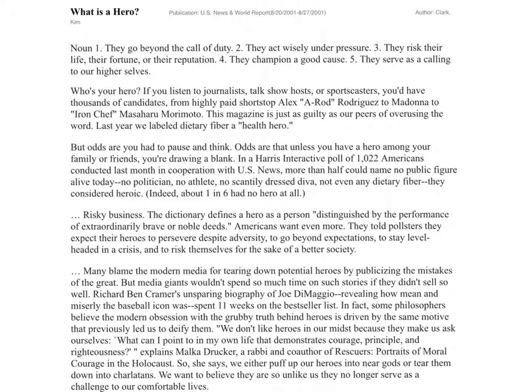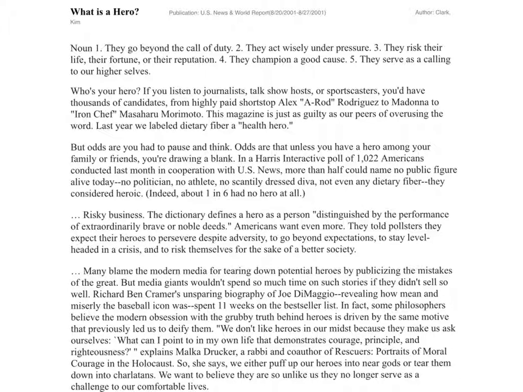So because this is a lengthy article, we are going to only read each paragraph, and then we're going to stop and kind of talk about it because then you will be required to continue reading and marking up the writing. So, what is a hero? Noun. 1. They go beyond the call of duty. 2. They act wisely under pressure. 3. They risk their life, their fortune, or their reputation. 4.